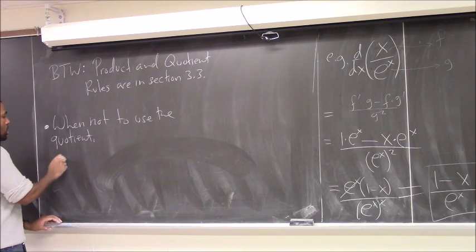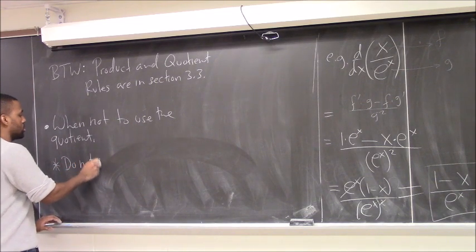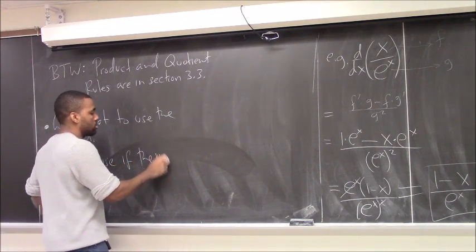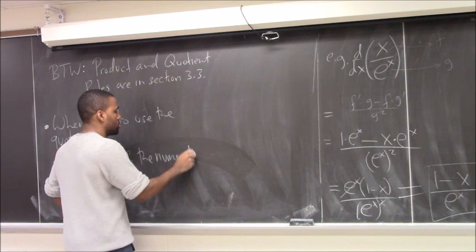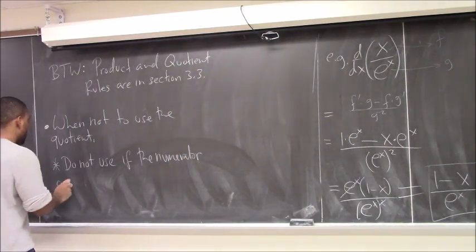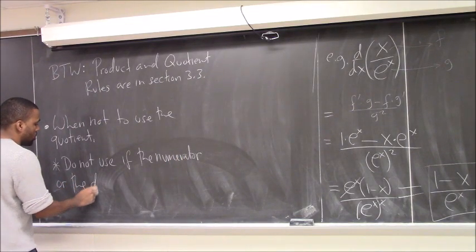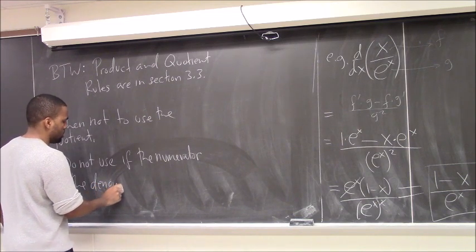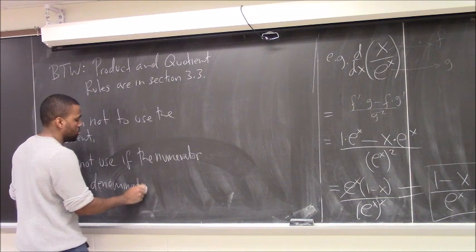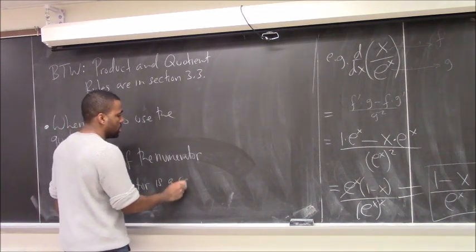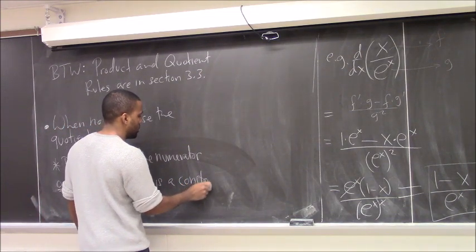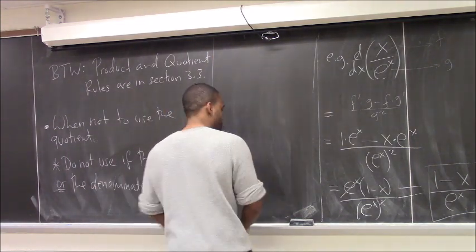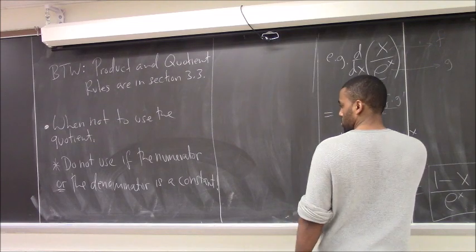Do not use it if the numerator or the denominator is a constant. So the quotient rule just becomes unnecessary in either of these cases.